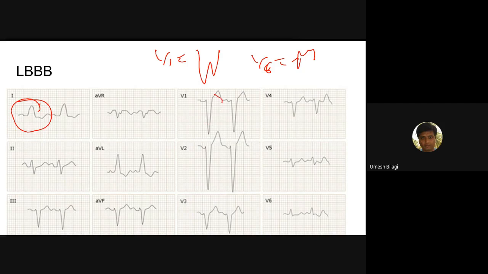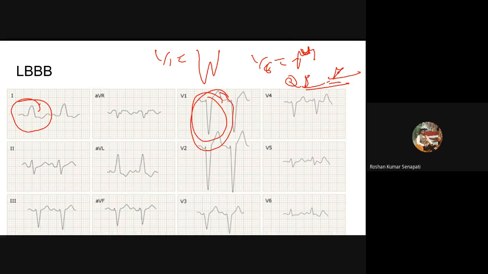Similarly in V6 we call it QS. There can be a monophasic R wave in V6, a small negative part can come at the tip, and a monophasic QS complex. The same can be seen in LBBB.